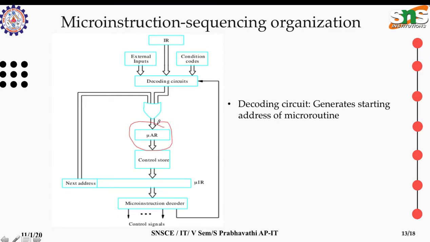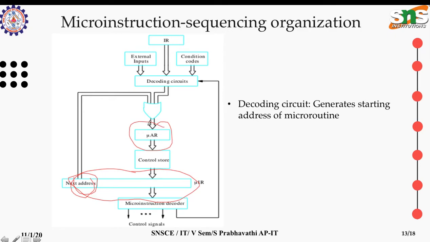What the micro program counter does is automatically fetch the next micro instruction from the control store. Instead, here the micro instruction register holds, along with the micro instruction, the address of the next instruction, is it not? So there is no need of having the micro program counter.